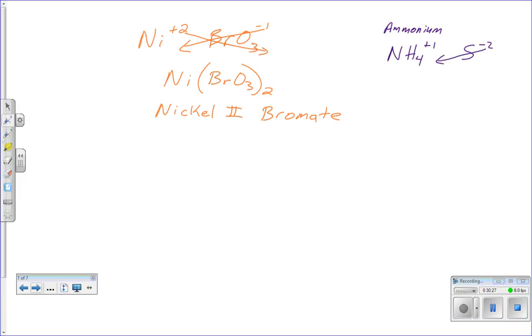The 2 would come down behind the ammonium, which means we have to put it in parentheses with the 2 outside of it. And then this 1 would come down behind the sulfur, so we just need one of those. And we would have ammonium sulfide.